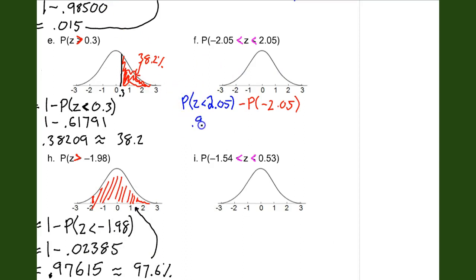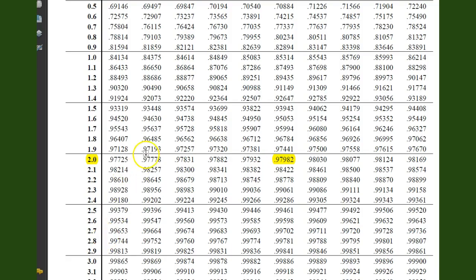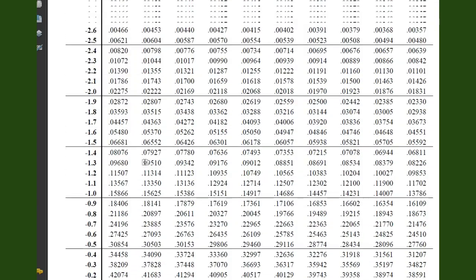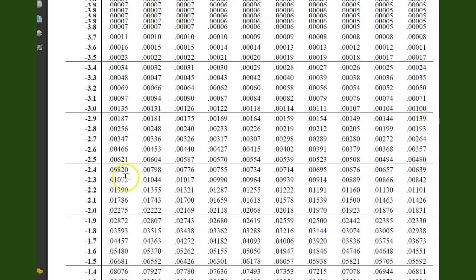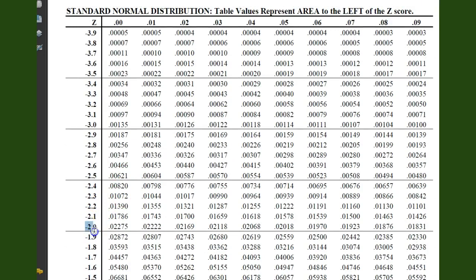So we have 0.97982, and we're going to subtract the negative. Let's see here. Negative. So let's go on the other side. Negative 2.05. Those converge at 0.02018.